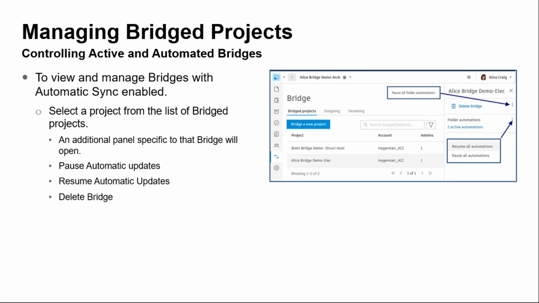Also noted is the number of automations for that selected bridge, and if those bridge folders are active or paused. Additional tools are available to pause, resume, or delete synced bridges. Note if a bridge is deleted, it will remove the bridge between projects, but any files or folders already bridged remain in the bridged project.